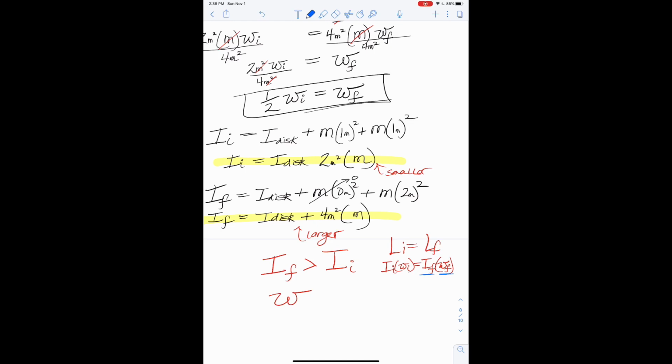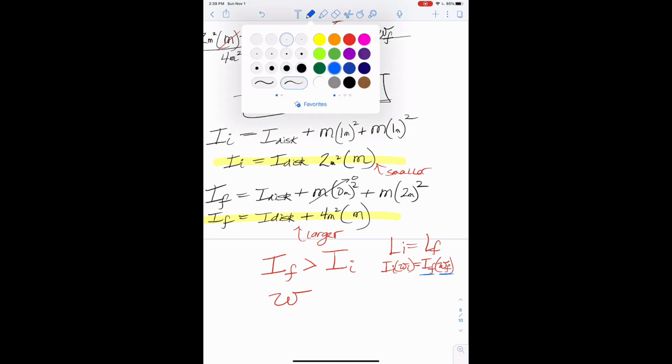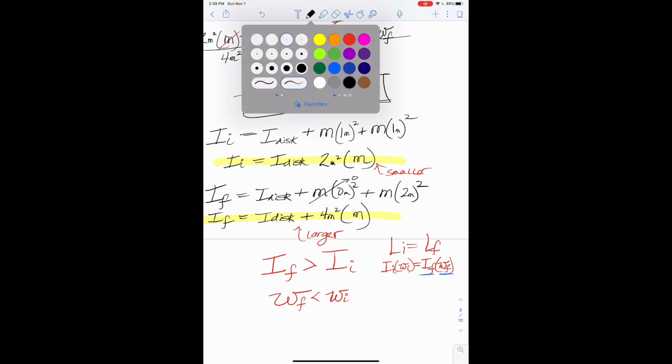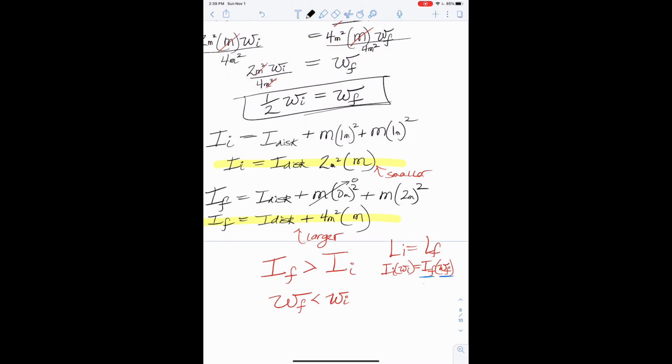So you can make your moment of inertia larger, but because there's no external torque, and this equal sign is here, if these two sides have to stay equal, omega F has to get smaller to balance that out.